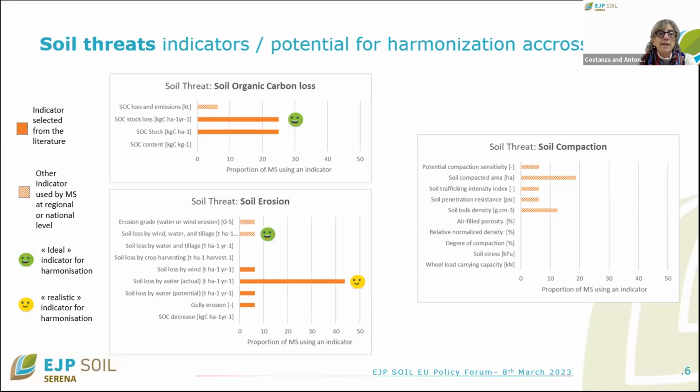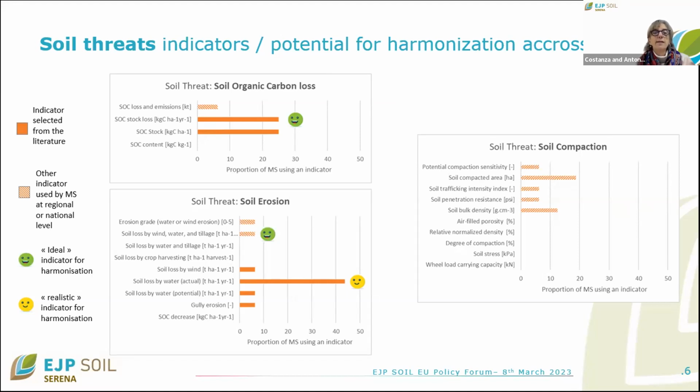In doing that, we selected a long list of indicators for each threat. We tried to understand which is the ideal indicator for harmonization, but in some cases the ideal is far from feasibility, or not so near to feasibility. And so a realistic indicator has also been identified.